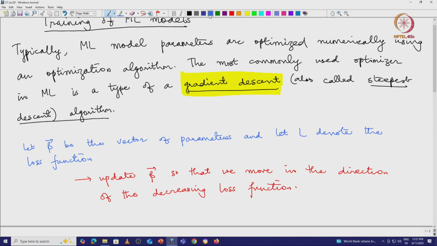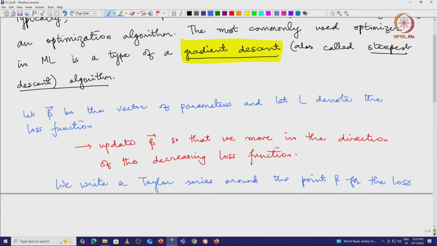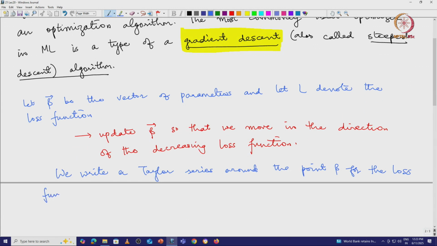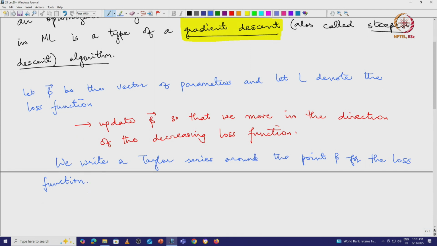So to do that we write a Taylor series around the point beta for the loss function. So this Taylor series will look as follows. So L at beta plus delta beta, right.